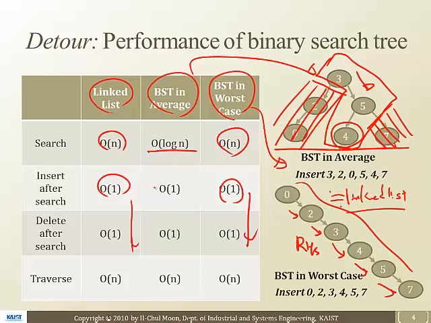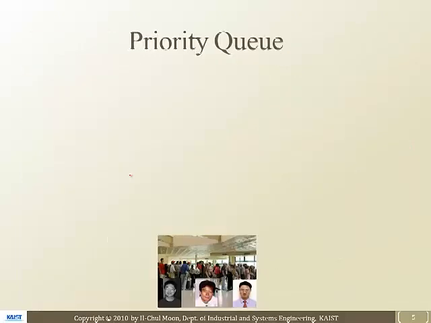That's what we have been covering so far, and this performance comes from divide and conquer. Having said that, let's continue our discussion about the priority queue.